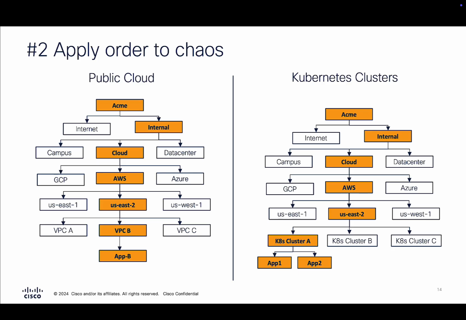Acme has internal applications. In these internal applications, some are located in cloud, and under cloud you have AWS. Under AWS you're going to have regions. Under each region you have VPCs, and in each of these VPCs you have applications, right? You see that structure is there already in AWS.